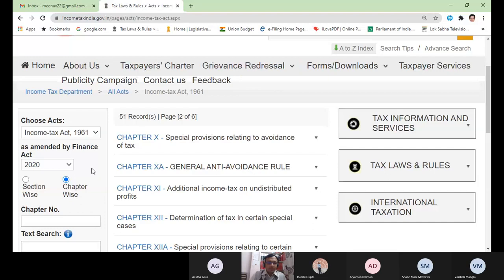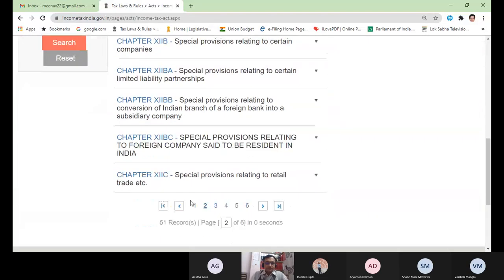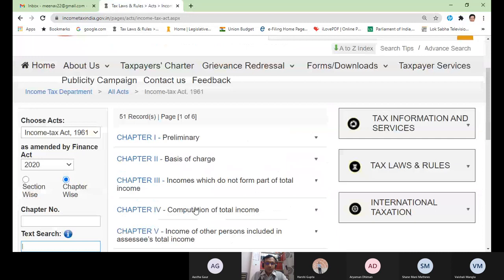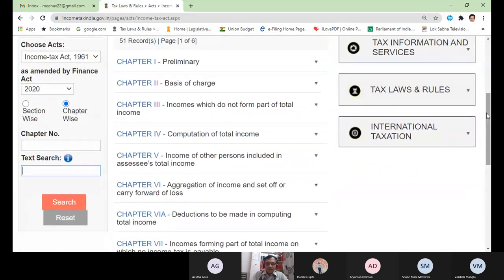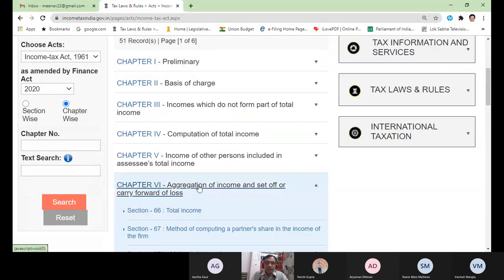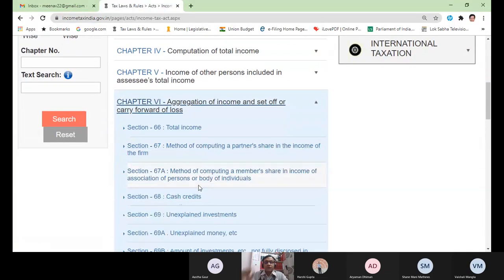Now I am in chapter 6 of the Income Tax Act. The heading is aggregation of income and set off or carry forward of losses.